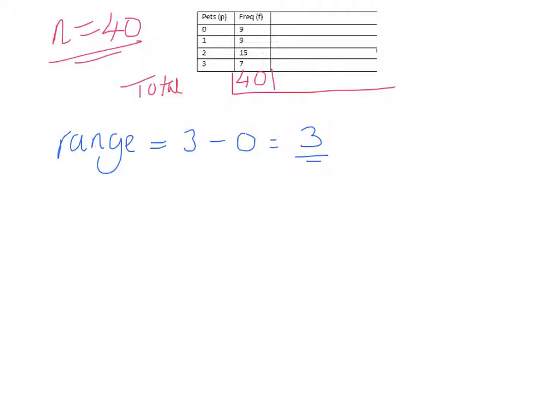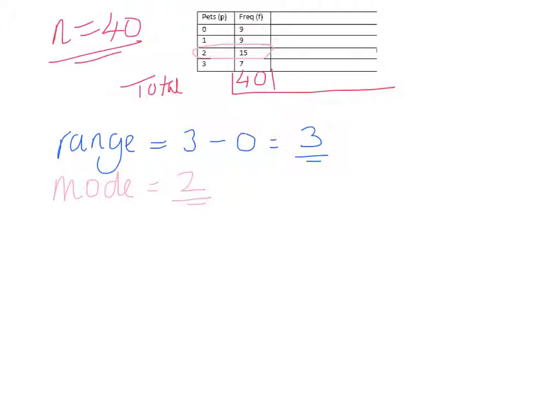Then I'm going to look at the modal value, or the mode. And this is the most popular or most commonly occurring. In our case here, most popular was to have 2 pets, because 15 people had 2 pets.